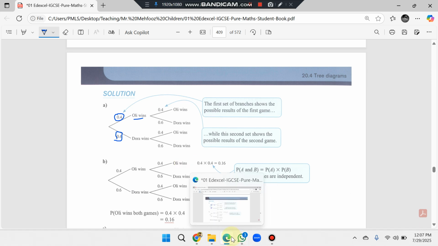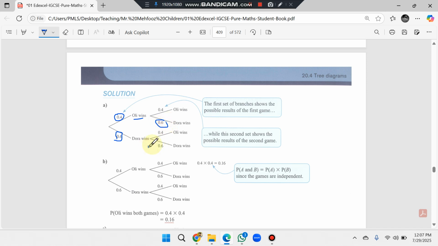Next, again for the second game, Ollie wins with probability 0.4. The first set of branches shows the possible results of the first game, and in the second game, Dora wins with probability 0.6.